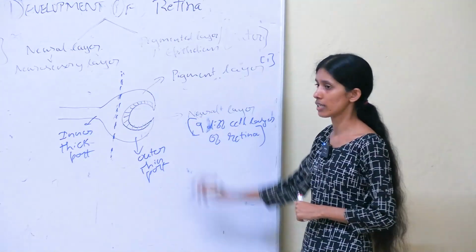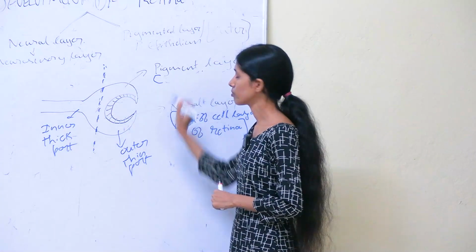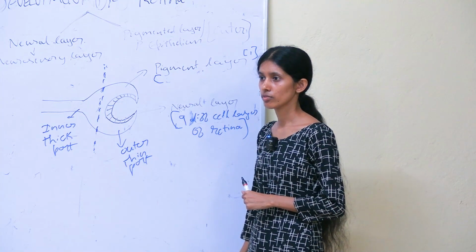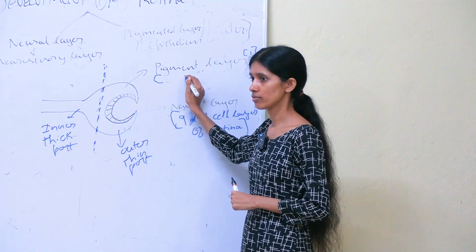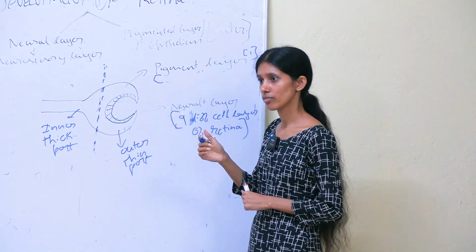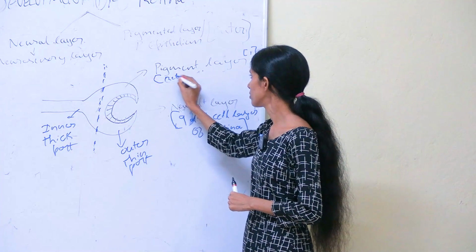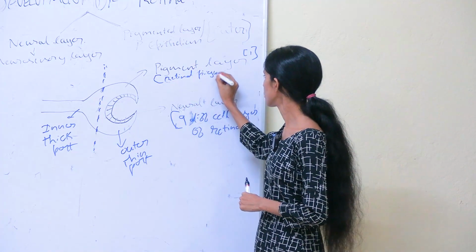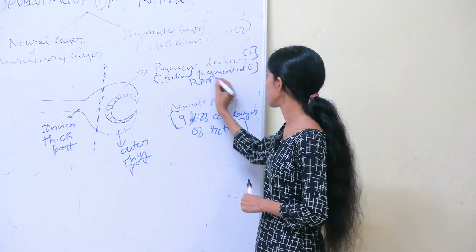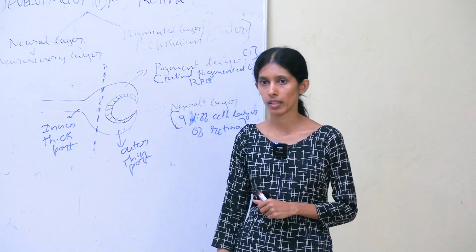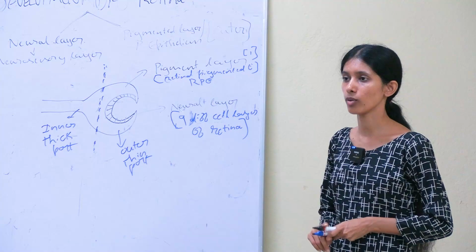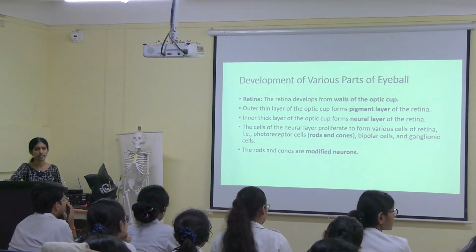So which one is the pigment cell layer in your adult structure? Which one? Say it louder. Retinal pigmented epithelium, popularly known as RPE. Okay, this is all about the development of the retina. Any doubts in this?